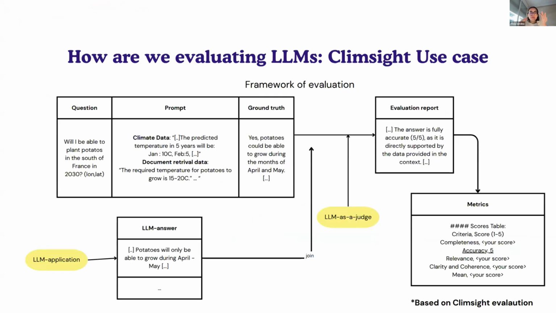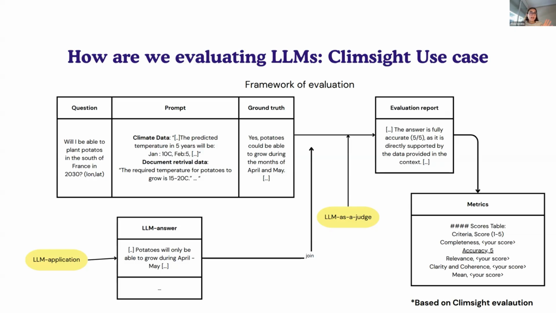This is an example of an evaluation. So we have a question. The question of this evaluation dataset is: will I be able to plant potatoes in the south of France in 2030, given this location?